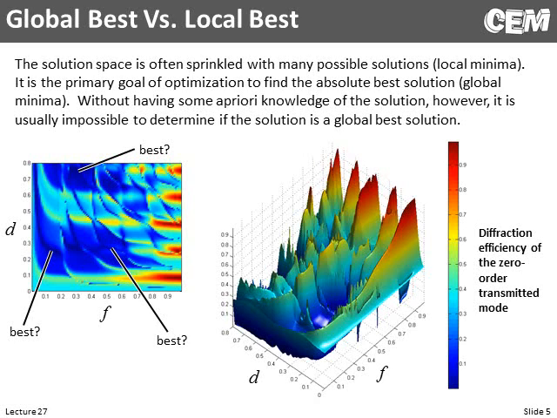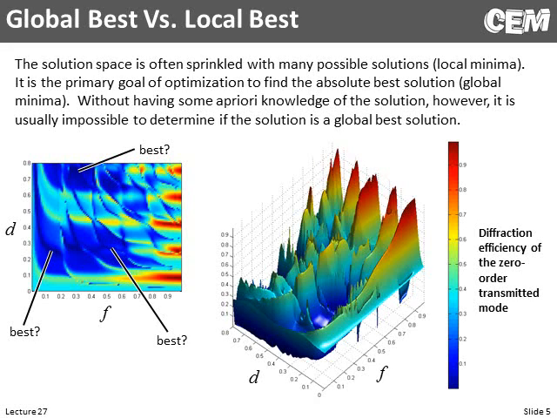I'll also mention that if you are using some kind of random optimization, that's probably because you don't know very much about your solution space. And it is almost always impossible, when you run your optimization and you get an answer that works good enough, to say that is the global best.